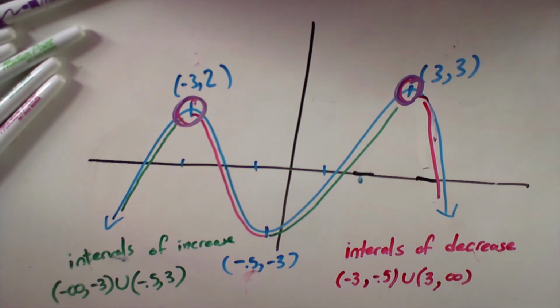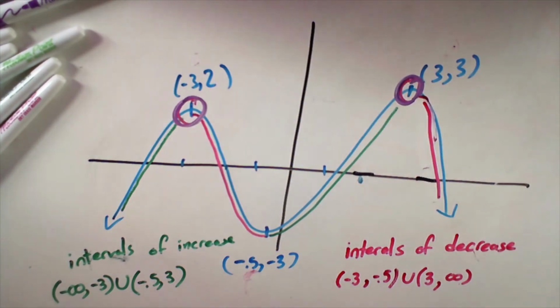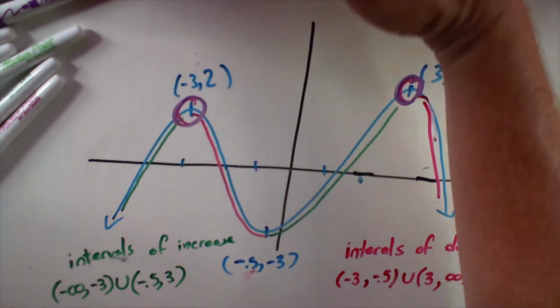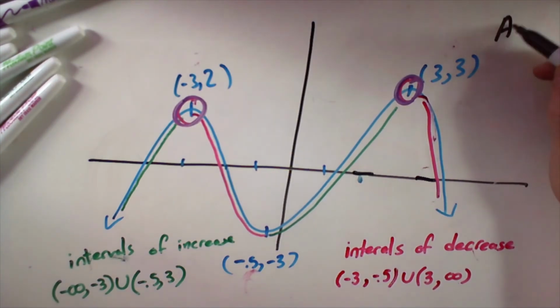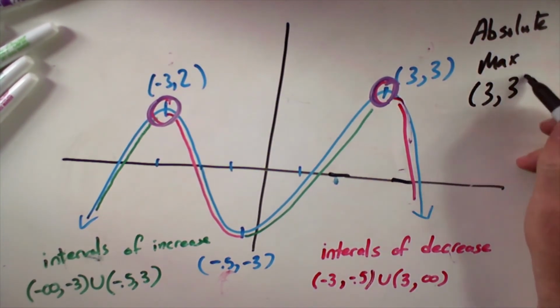We look at the y value, and we see that in both of these cases, one of the y values is 2, the other y value is 3. So it does not go any higher than that. So the absolute maximum of this is at the point 3, 3.